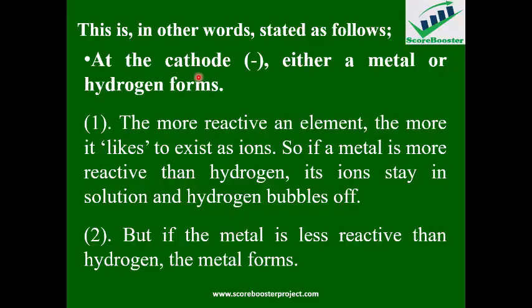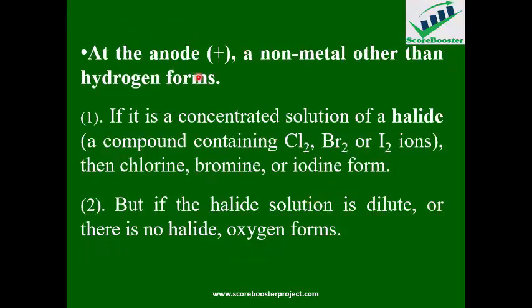So when you have, let's say, copper salt, and we are using an inert electrode, don't forget, copper salt like copper sulfate now, or silver nitrate, the copper is discharged or the silver is discharged, then hydrogen stays in the solution because hydrogen is higher than them on the electrochemical series. That's what we are saying.